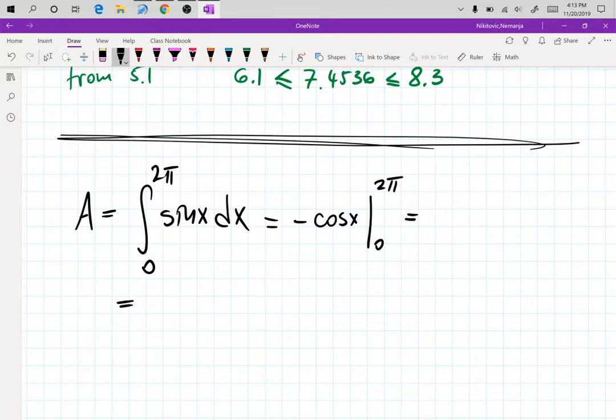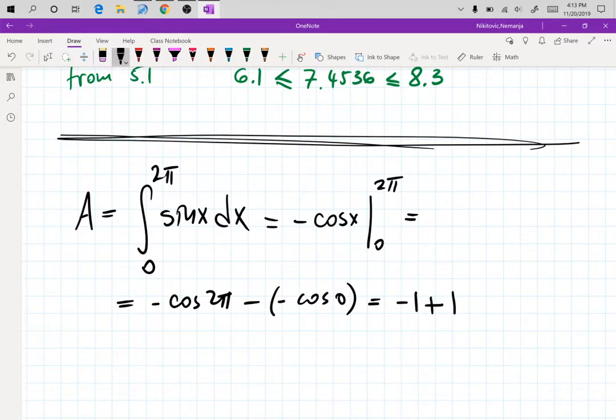And now if you have negative cosine of 2 pi minus negative cosine of 0, well, cosine of 2 pi is 1, so you have a negative 1. Minus and minus gives you a plus, and cosine of 0 is 1, and you get a big fat 0. And you know that's wrong.